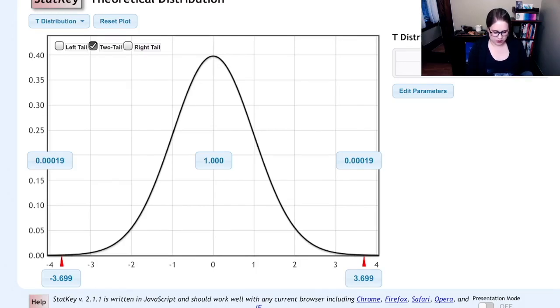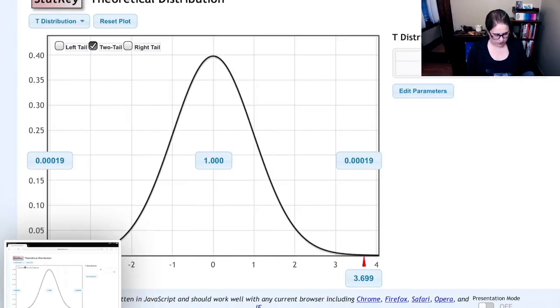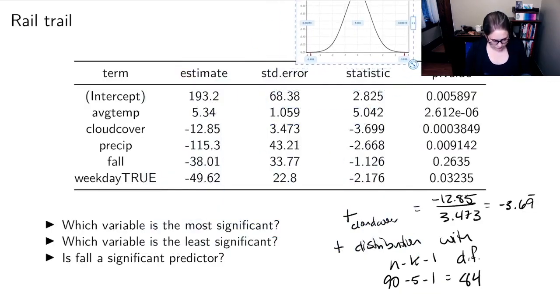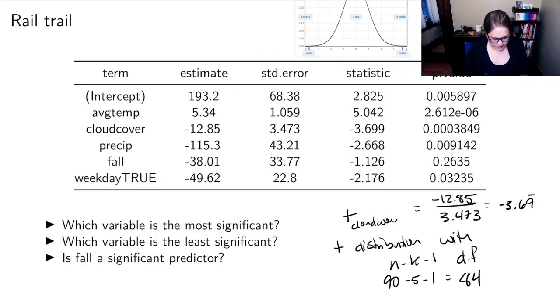I'm going to take a screenshot of that to throw into my notes. What that says is there's 0.00019 on both sides, and if I added those two things together, I would get 0.0038, and that's the same p-value that we saw in the computer output. So that's where those p-values come from.